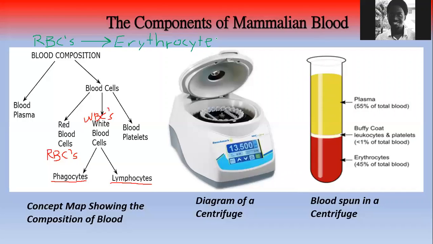Erythrocytes. White blood cells are called leukocytes. Okay, I'll just put an R here. They are called leukocytes.